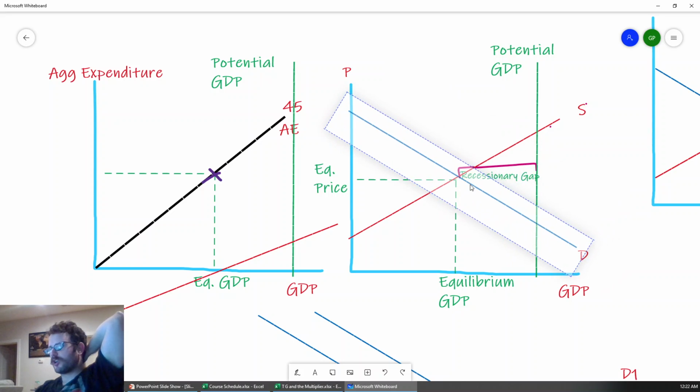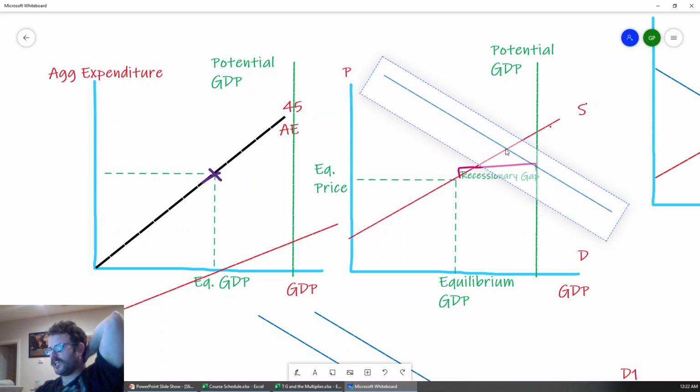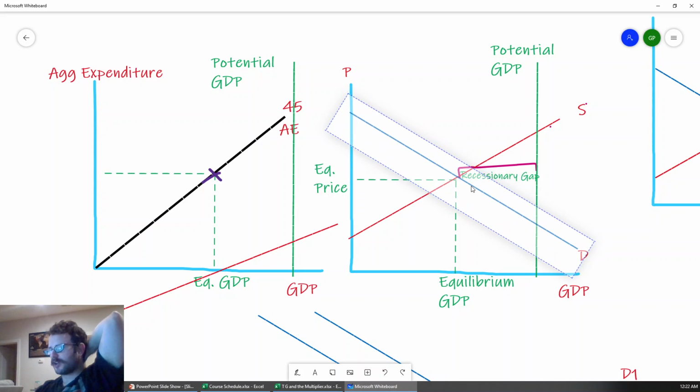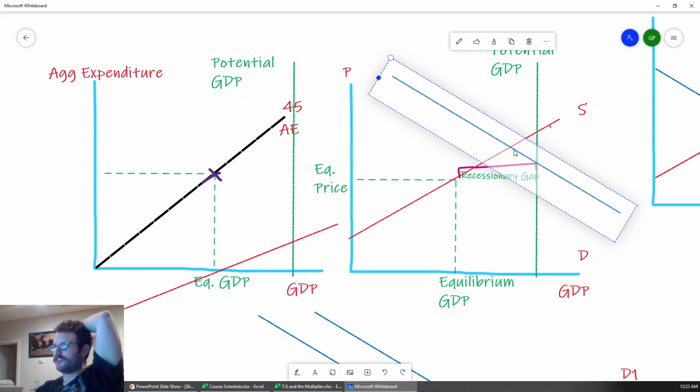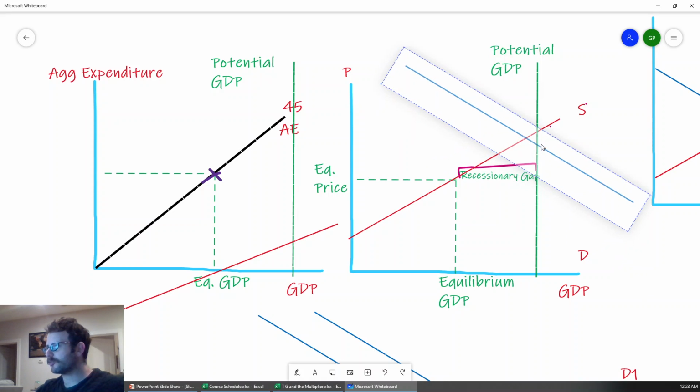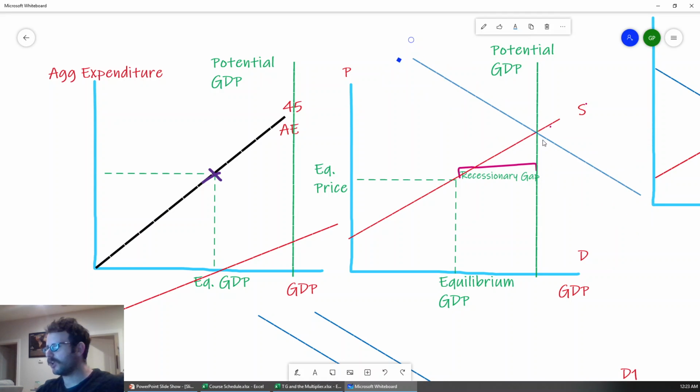So essentially what you're going to want to do is induce an increase in demand in order to counteract the recession and meet your supply curve up here, which is also going to lead to a little bit of inflation, but probably not as much as with an inflationary gap.